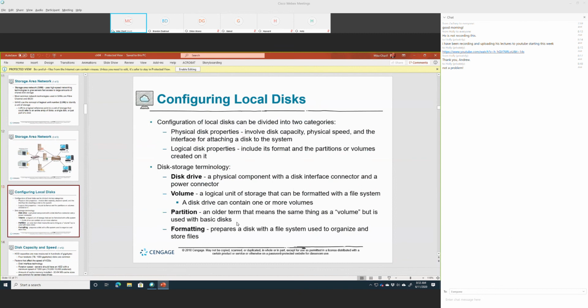They install the operating system first, then after they install the operating system, they go to disk management and they can partition it to a different space. It's good to do partitions because this way you separate your operating system files from the data, from applications, and so on.